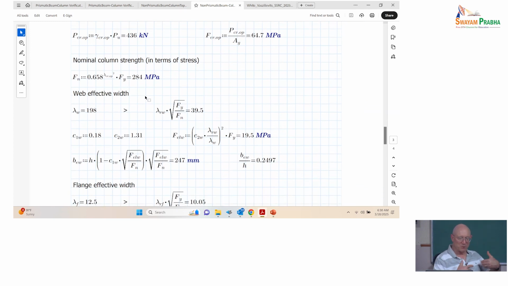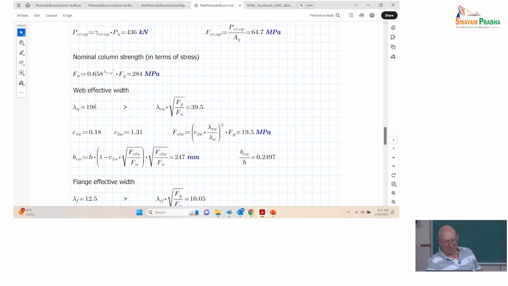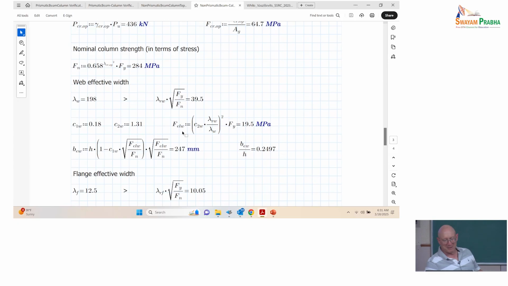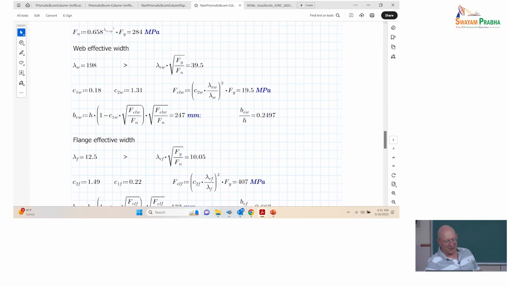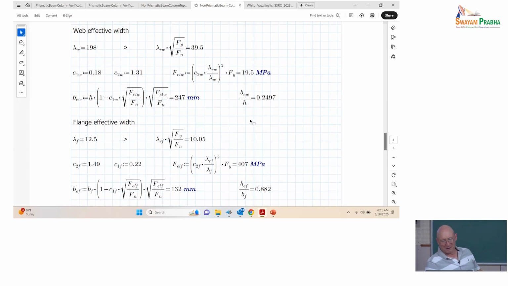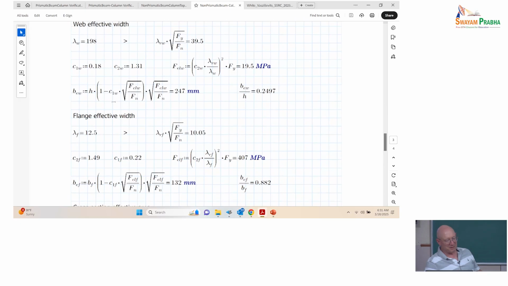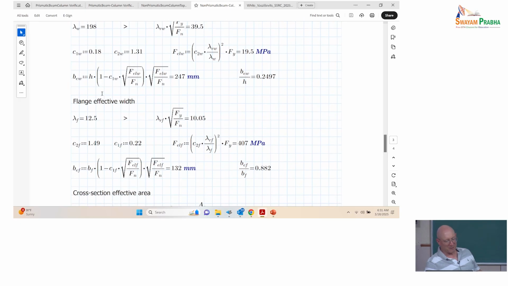And then by the approach in AISC, we're saying, hey, if this column is long enough, maybe a lot of my plates that are very thin are more and more effective. So we check, yeah, that really, really thin web is still not going to work as being fully effective. So we need to calculate the elastic buckling stress for the web, get a web effective width. And so still only about 25% of the web is effective here for our strength calculation.